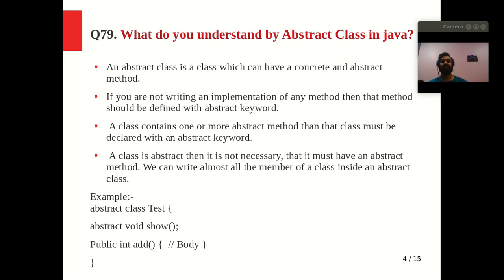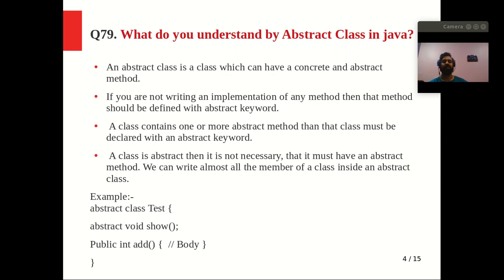If you are not writing any implementation of a method, then that method should be defined with the abstract keyword, and that is called an abstract method. So in a class, let's say we have a method, and if we are not defining any implementation of this method and define that method with the abstract keyword, then that method is called an abstract method.